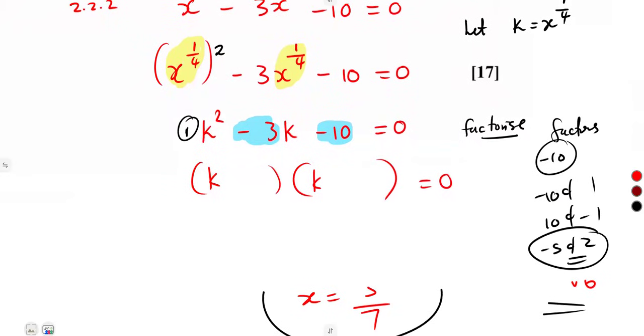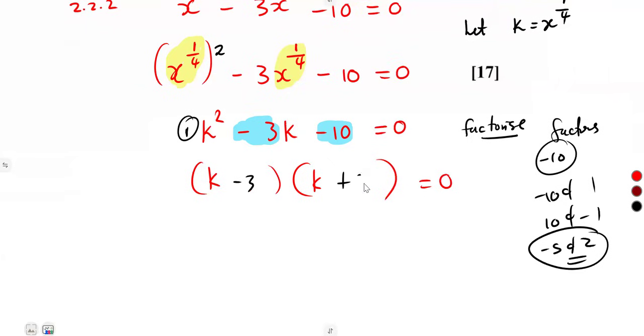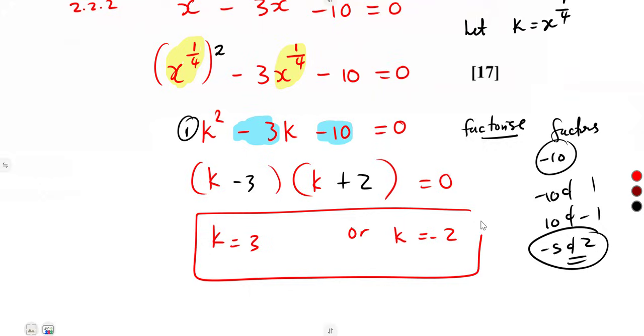If you multiply these two, guys, you're going to get a negative 10. But when you add, that's a negative 3. So that's negative 5 plus 2. So for k, minus 3 to the other side is going to be positive 3. All right, or k is equal to positive 2 to the other side is going to give us a negative. So these are the values of k that we have obtained.